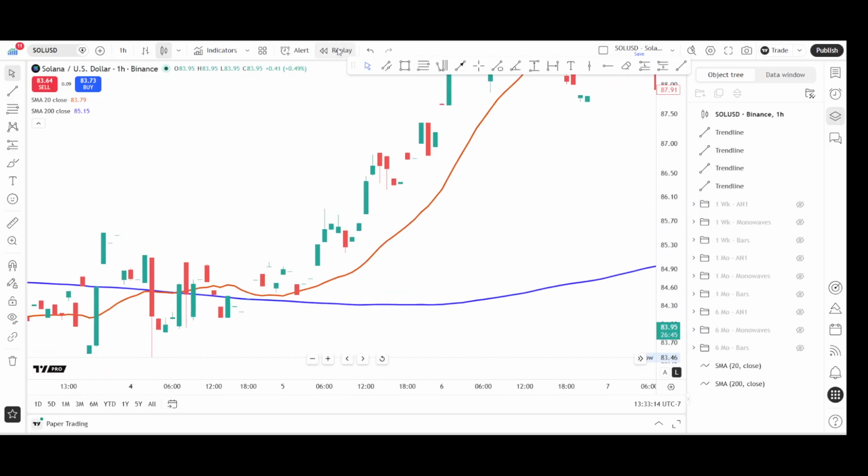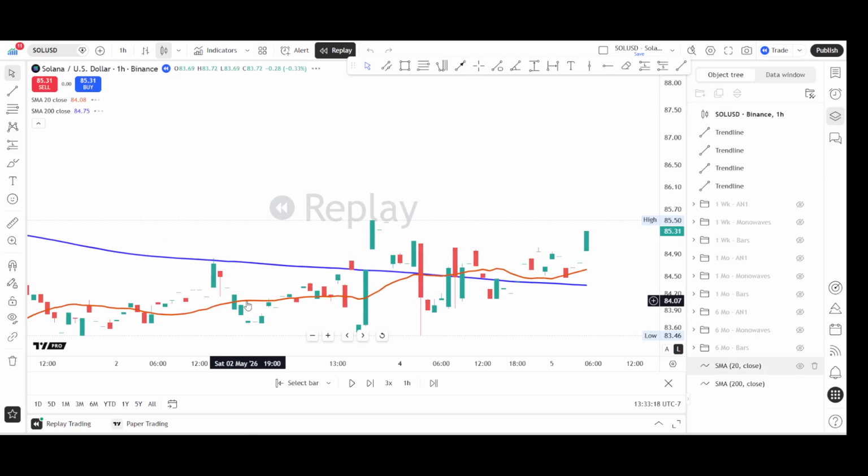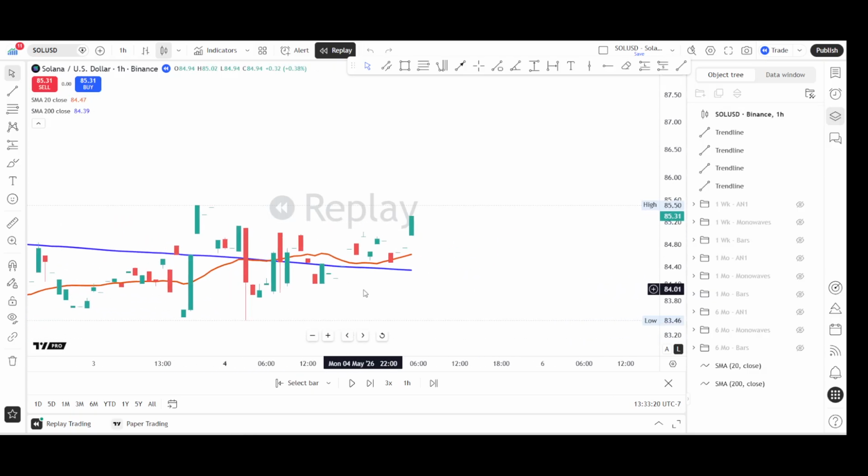Let's look at our replay so we don't try to cheat here. It's starting to come up out of the narrow state, but we've got a gap. If we can break the top of that gap, we might have an entry there. There's our entry right there.